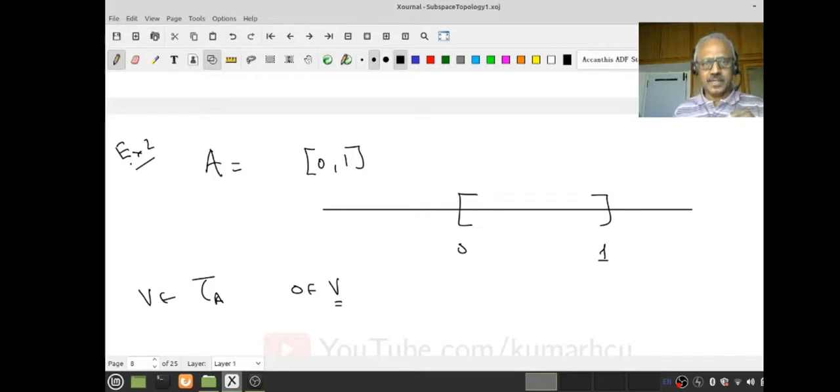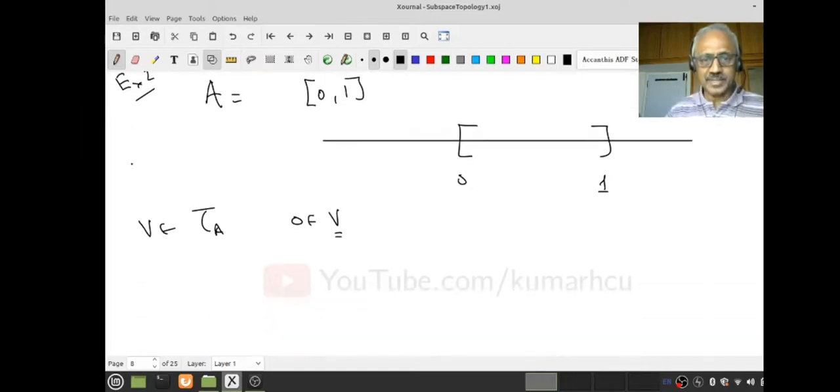I am trying to look at the simplest, or typical, or basic open set containing the given point in the subspace topology. So this V must be of the form U intersection [0, 1], right? And remember 0 belongs to this, therefore 0 belongs to U, and U is an open set. Therefore, what are the simplest open sets which contain 0 in the usual topology?